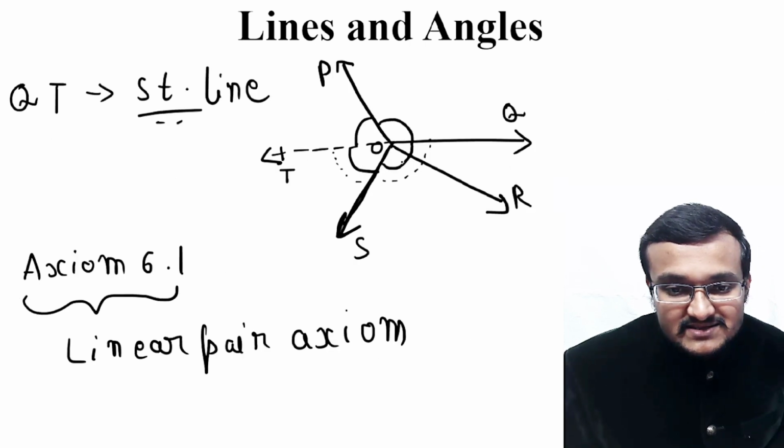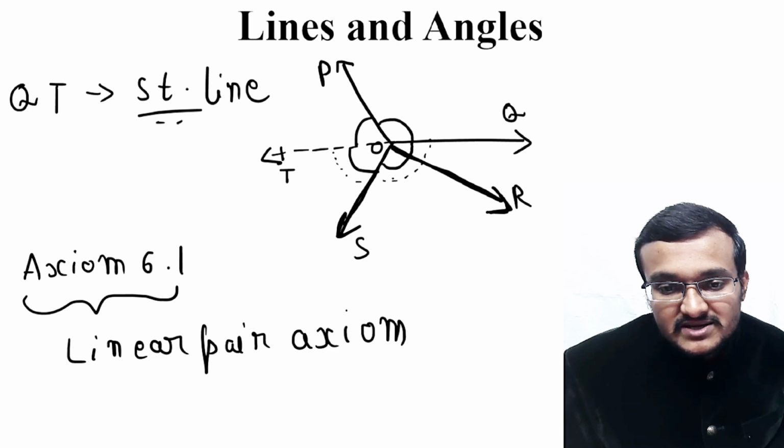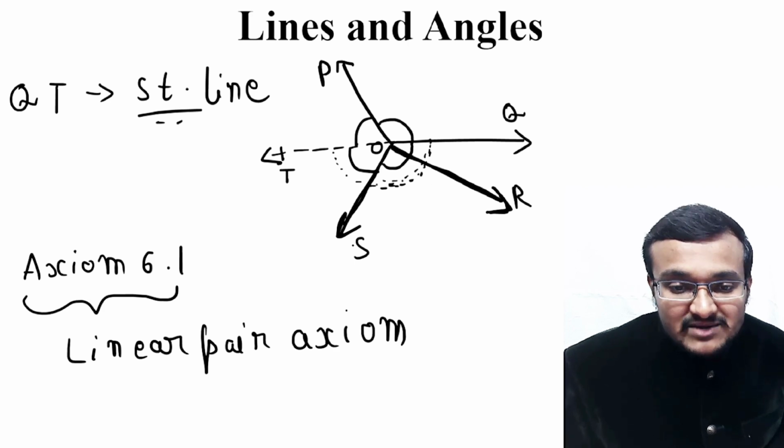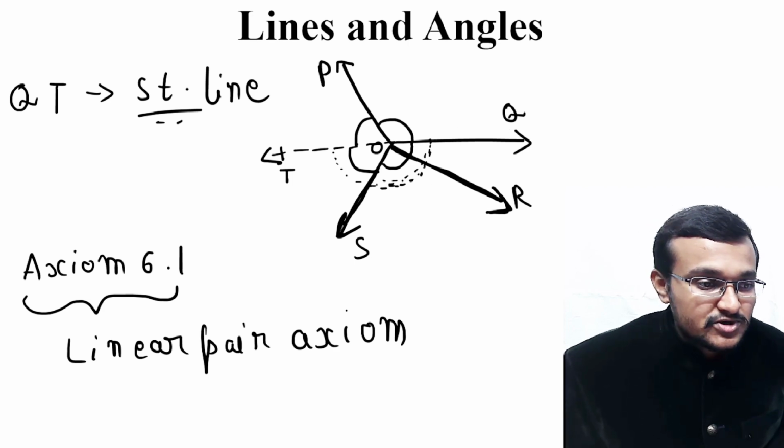And here you can see that this particular OR ray is intersecting this particular SOQ angle. So this SOQ angle is intersected by this OR ray. That means here SOR and ROQ will be equal to SOQ.